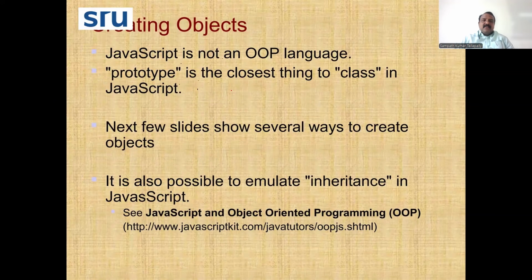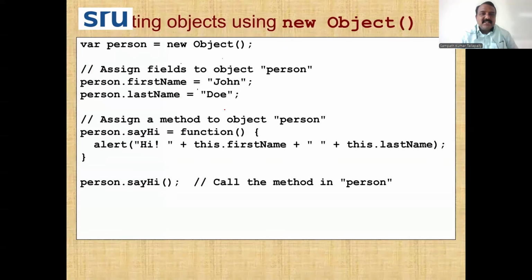Objects, right? JavaScript is not an object-oriented language, but it is an object-based language. It's also possible to have some inheritance in JavaScript. Now, if you can see this example, we have a person, which is an object. We are adding some features, and person dot say hi is equal to function. This means I am adding a functionality to a variable.